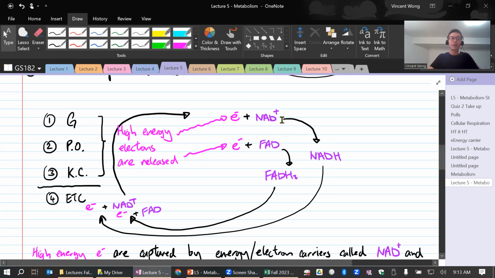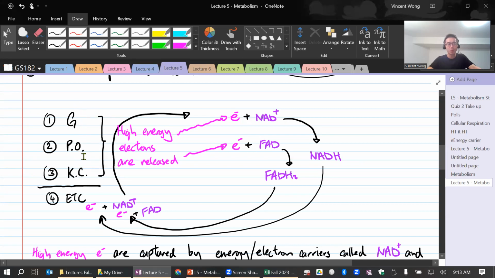To catch them, we have electron carriers. The electron carriers are NAD plus and FAD. Once they pick up the electrons, they are reduced into NADH or FADH2. They transport the electrons to the ETC, where they are oxidized back into the original form, so they can go back and get more electrons.